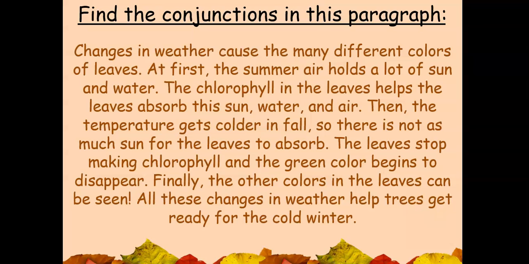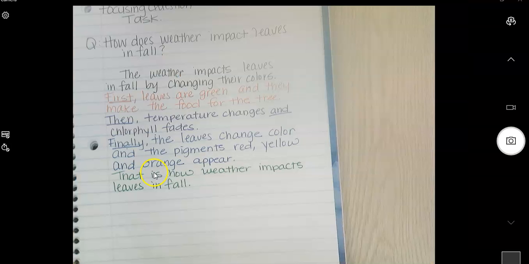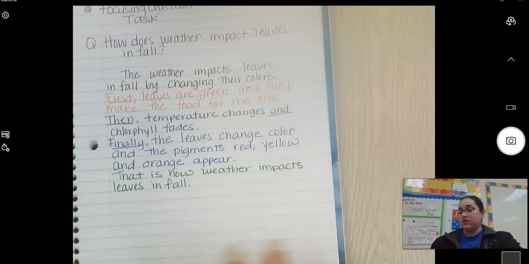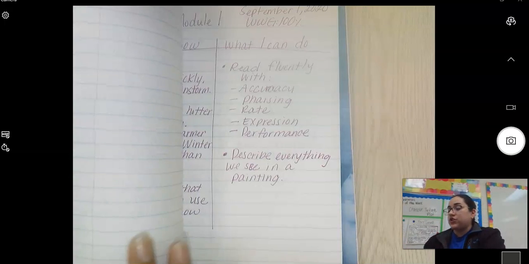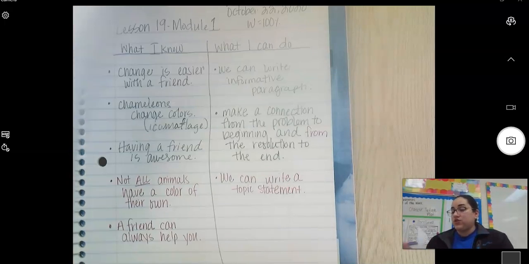Okay, so the next part that we're going to do is prepare our knowledge journal for our live class. At this time, you should already have your response journal out. So all you have to do is turn to your knowledge journal tab and go to your next blank page, so that we can prepare our knowledge journal for our live class and we don't have to use time in our live class to do this.